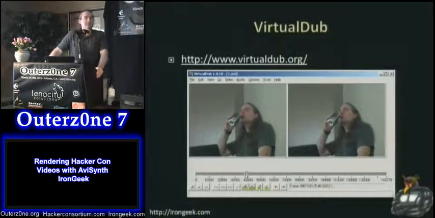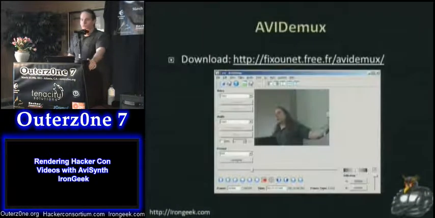Oh, VirtualDub is another thing I use. Sometimes I'm going to go back a slide. AVIDemux, for a while there, I would try to do my rendering in AVIDemux for the final product I'll be putting up on the website and make MP4s. Unfortunately, it doesn't directly work with AVISynth scripts, which I'll be showing here in a bit. There's like a synth server you can throw in there, but I had mixed luck with that.